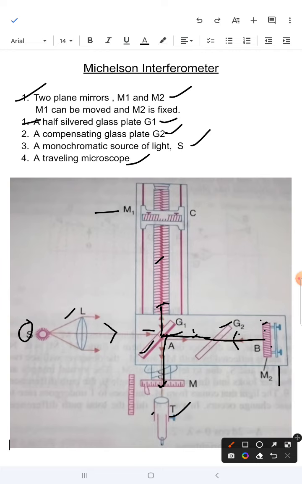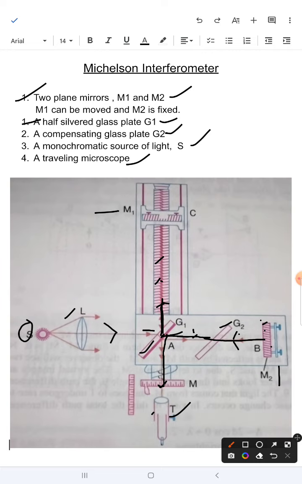This light which is traveling towards the mirror M1 here already traveled through the glass plate G1 once and reflected at the back surface, the half silver surface of G1, and traveling towards M1.